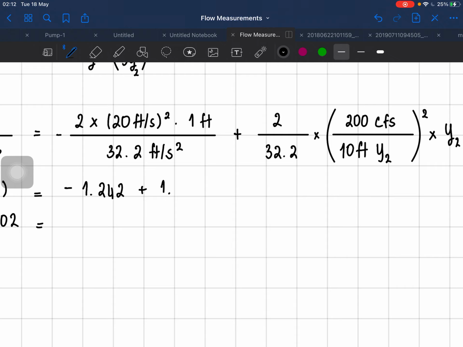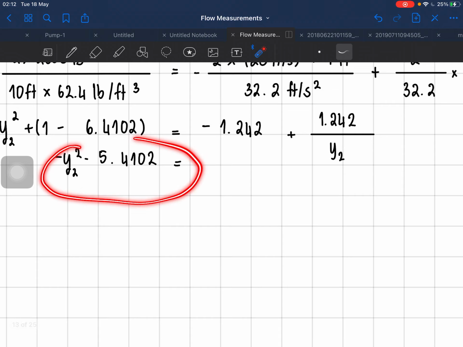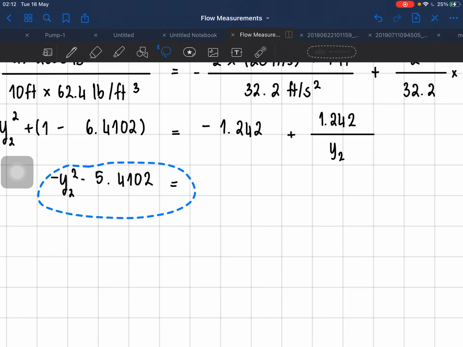Why is it the same? Oh my god, it's the same, but it has something, so it's not going to be 0 because it has y2 down here. Right, so now we can, how do I do this? Okay.